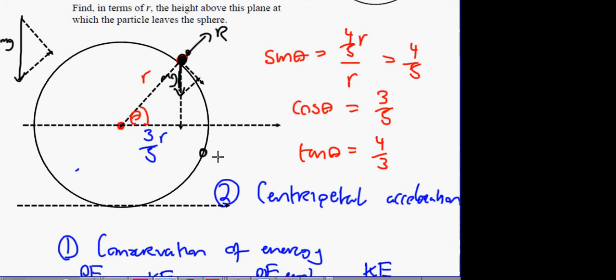That's 90, that's 90 minus theta, which in turn makes this angle here theta. So this is mg cos theta going down, and mg sin theta going directly into the circle.